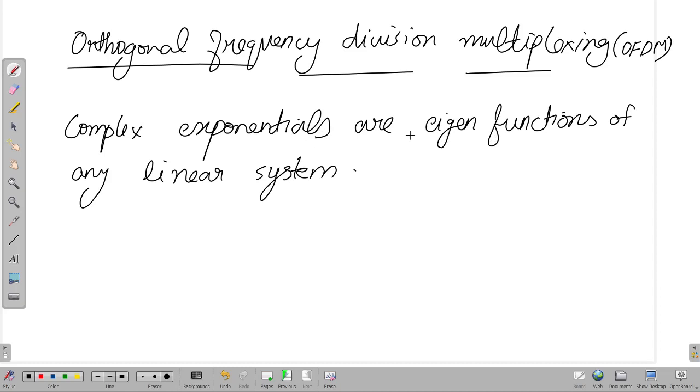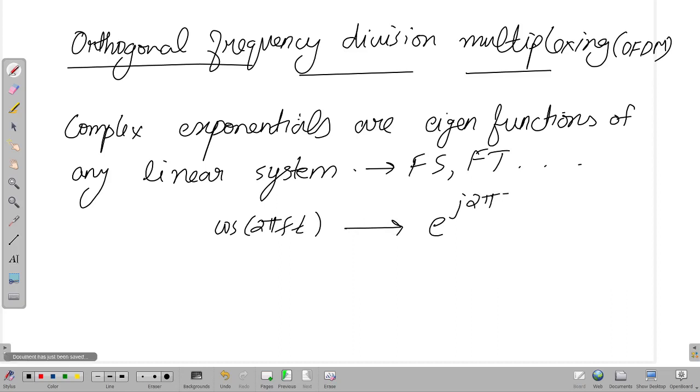From this idea, all the concepts of Fourier series and Fourier transform, etc., originated: that complex exponentials are eigenfunctions of any linear system. So we can replace the carrier cos 2 pi ft with the complex exponential e raised to j 2 pi ft.